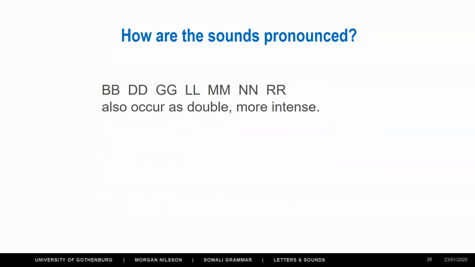Finally, we have 7 consonant letters in Somali that may occur in some words as double letters. And when they do so, it means that they are pronounced with more intensity, with more energy.